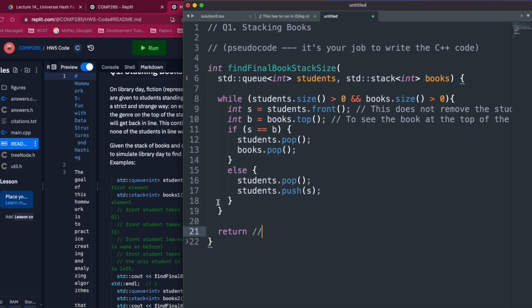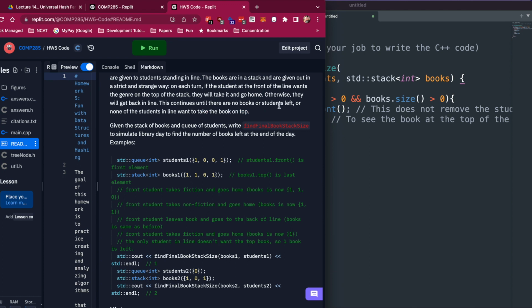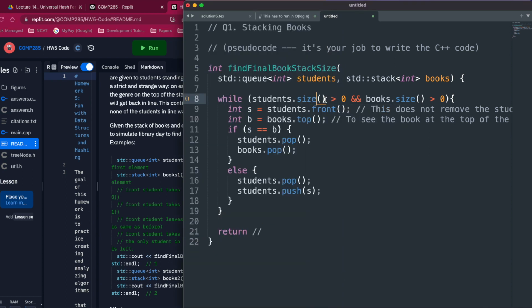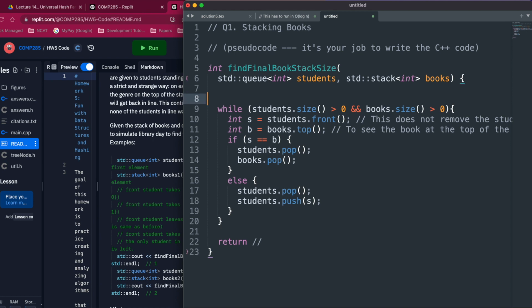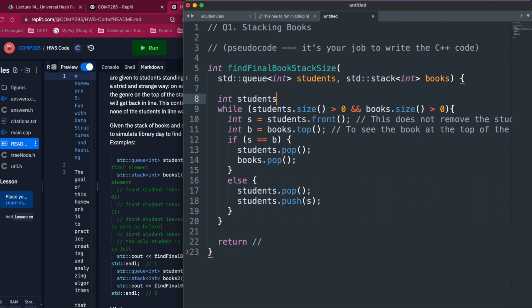And then remember, we want to return something. There are no books or students left, or none of the students in line want to take the book on top. That means we went through every student, but nobody wanted to take the book. So I need to keep track of how many students I have gone through without a book being taken. We could say int studentsTried, starting at 0.